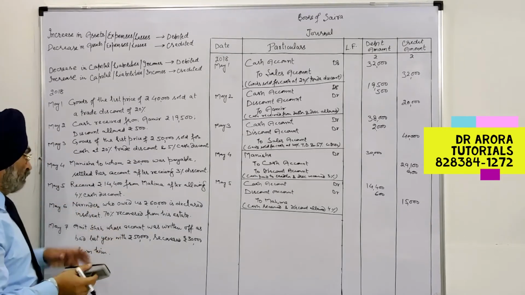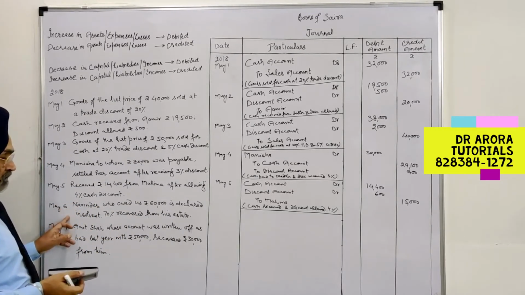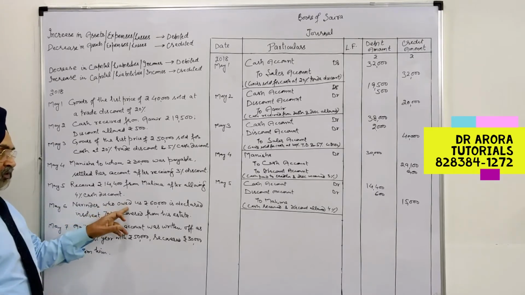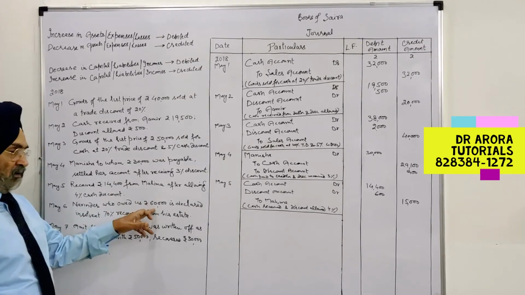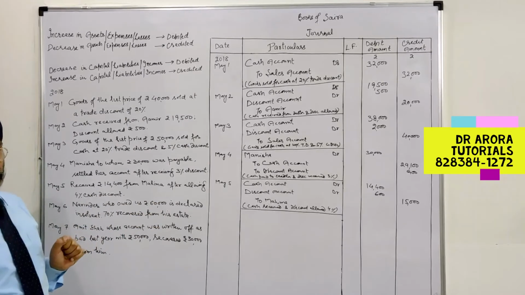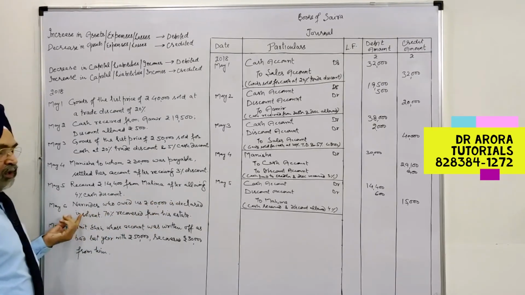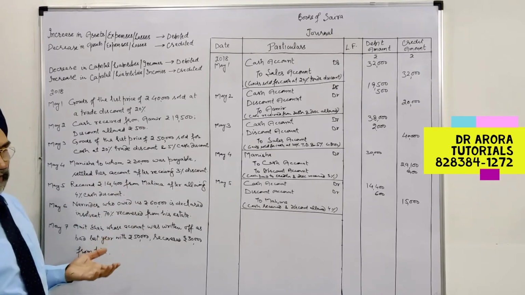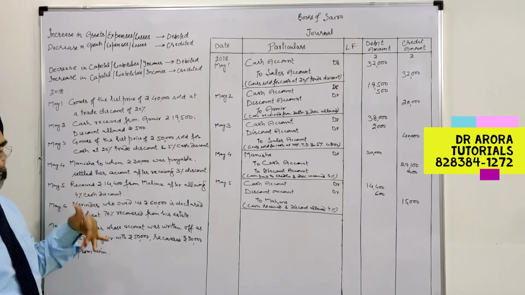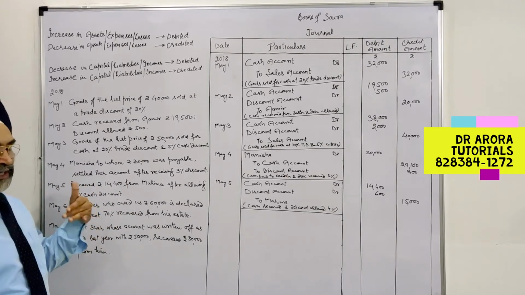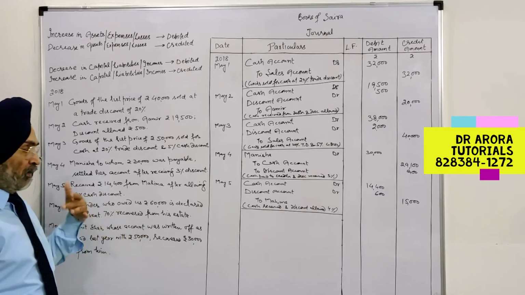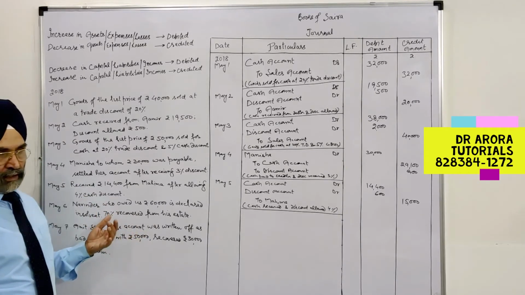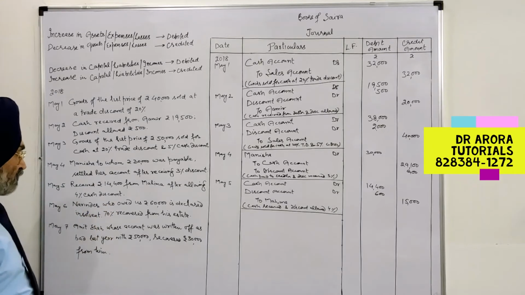Next point is Narinder, who owed us, who was our debtor by rupees 60,000, is declared insolvent. And when a person is declared insolvent, his assets or liabilities are vested with the government official called the official receiver.